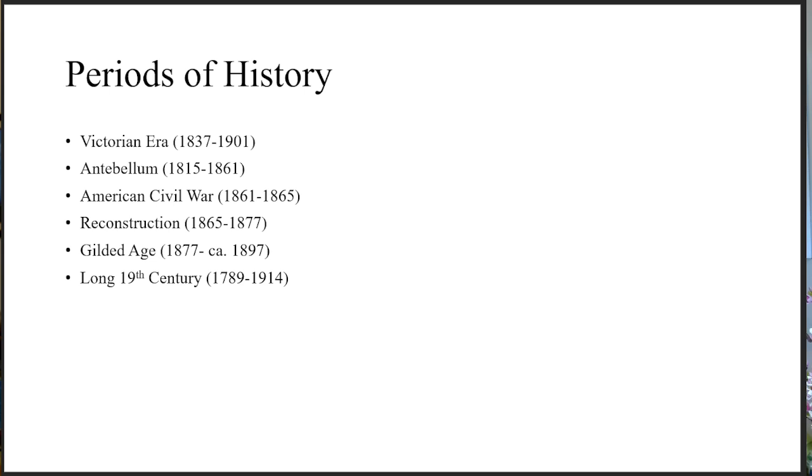Further on the global stage, it is part of what historians call the long 19th century, 1789 to 1914. As you can see, periodization in general tends to be more regionally or nationally focused, but can also be global, and these periods can and do overlap other periods.